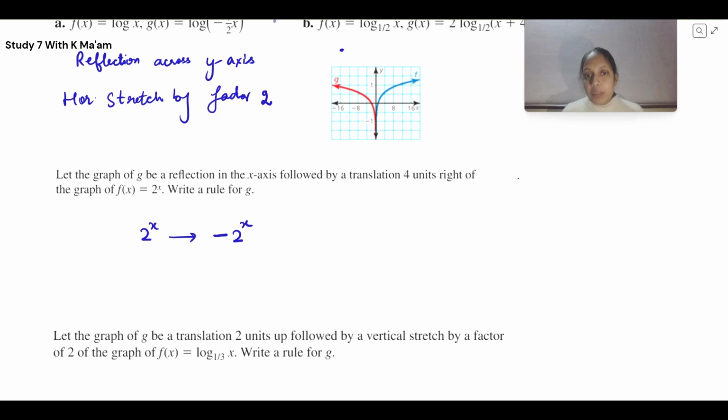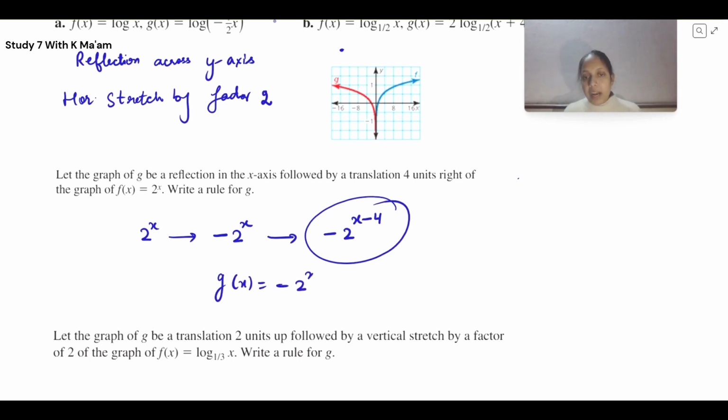The second transformation is 4 units right. Right means x minus something, so x will change to x minus 4. This is the new function: g(x) equals negative 2 to the power x minus 4.